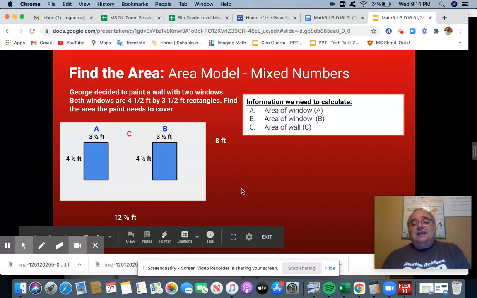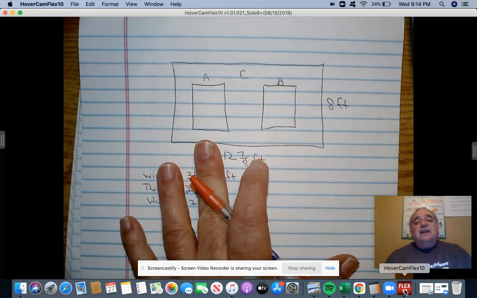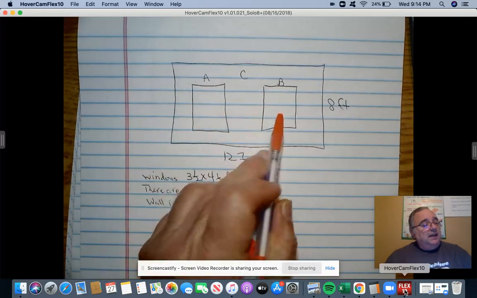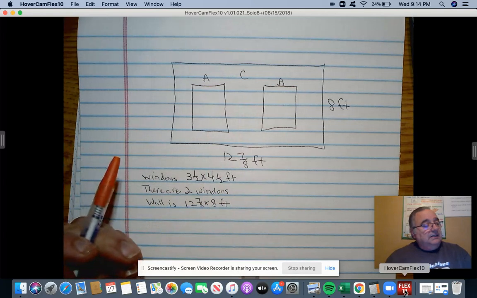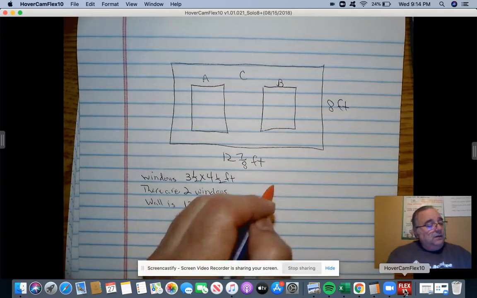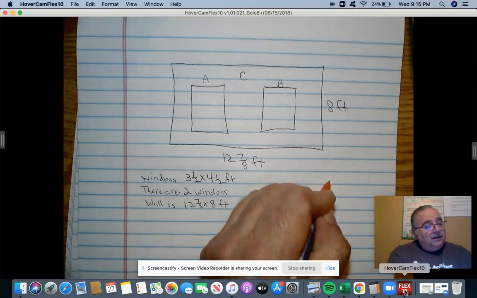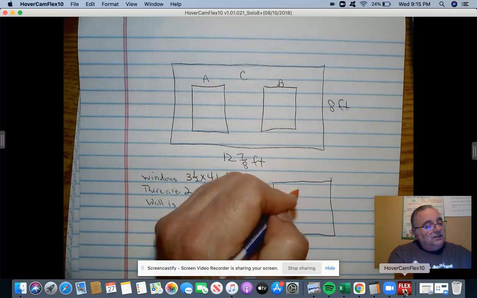So let's go ahead and get started. You know me, I like to see things visually. So I'm going to go ahead and start over here. So I got my 2 windows. I know the length and width of the windows, and I'm going to use the area model because it's usually easier for me to do that.